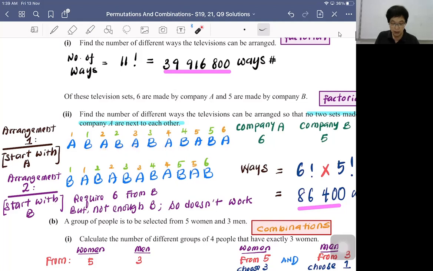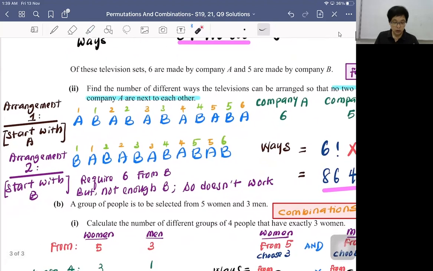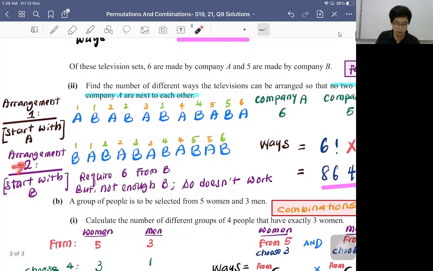Okay? And then we can also consider, could it be possible, can we go for arrangement number 2, where we start with a television from company B and do the alternating accordingly with 11 televisions, 1, 2, 3, 4, 5, 6, 7, 8, 9, 10, 11.